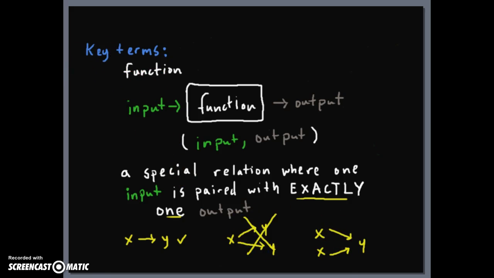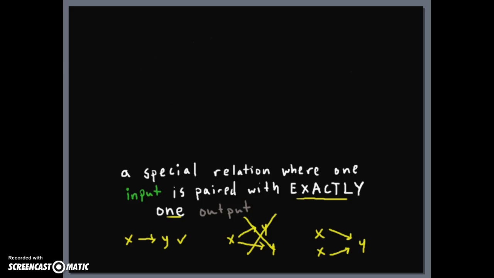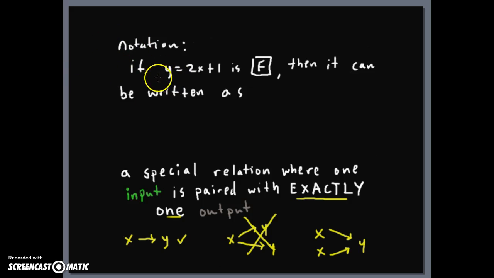So let's quickly define what function notation looks like. Function notation is an important part of a function because let's say y equals 2x plus 1 is a function, we've figured out that it meets the criteria of a function, then because it's a function, it can be written as f of x equals 2x plus 1.